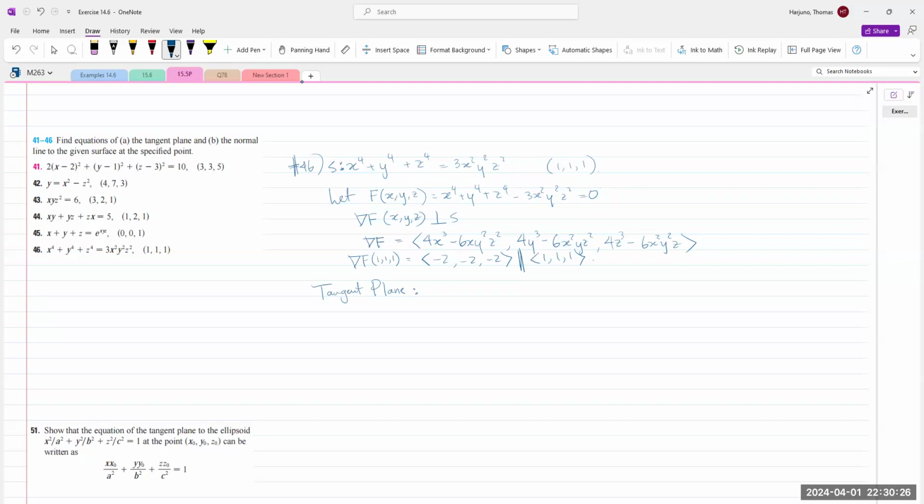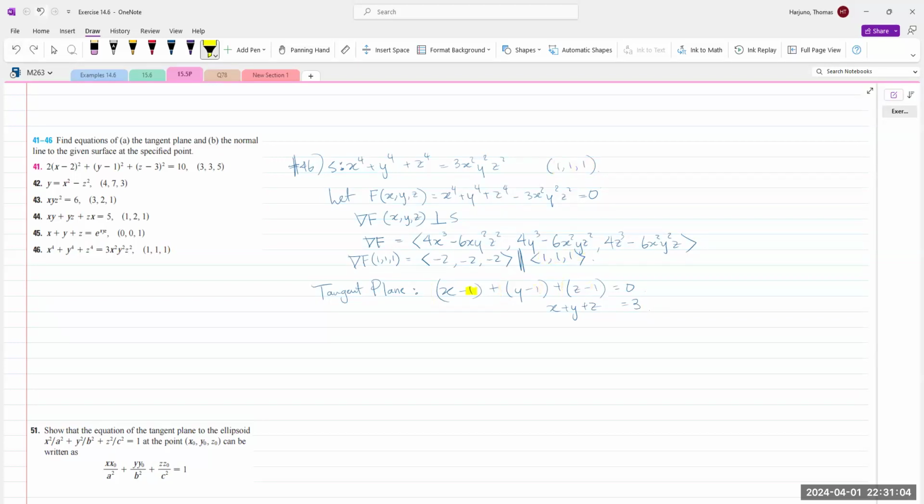The direction is also parallel to 1, 1, 1. So it will be x minus 1 plus y minus 1 plus z minus 1 equals 0. Okay, so x plus y plus z equals 3. Maybe I mark my 1, 1, 1 here comes from the coordinates, and the coefficients 1, 1, 1 here come from the direction. Okay, the vector normal to it.